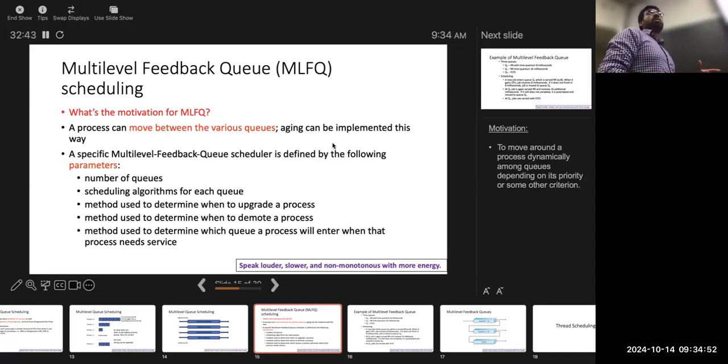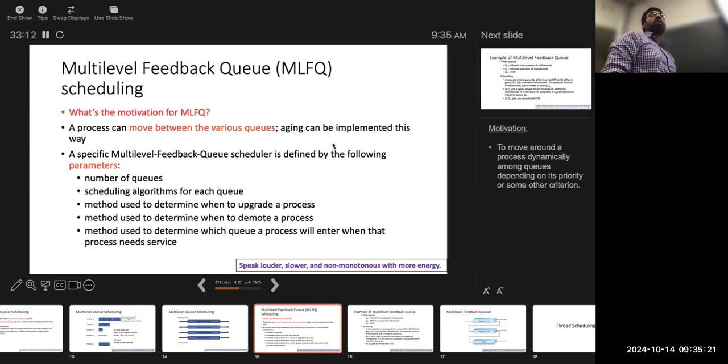In the same way, you can define a strategy or criteria to move a process from a lower priority queue to a higher priority queue, okay? And then the method used to determine which queue a process will enter when that process needs service. Here in that example, we assumed that by default, a process enters first in the highest priority or first queue, right?